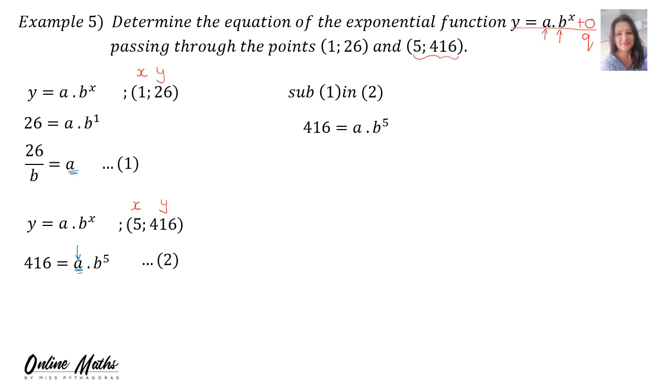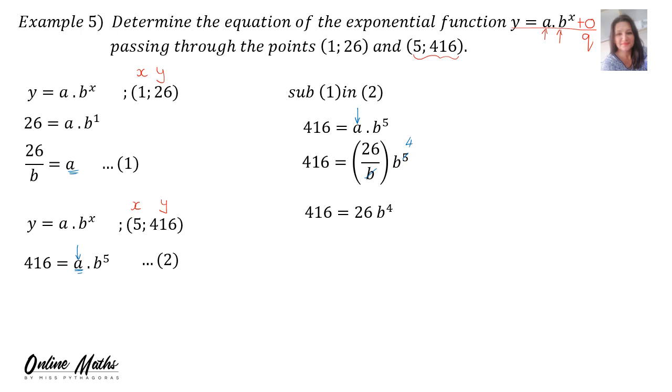There's number 2. And now here, in a's place, we will substitute number 1, 26 over b, so that we have a little equation where we will solve b. So what we'll do here, b will cancel and we will be left with b to the 4. And then it's 416 equals 26 b to the 4.